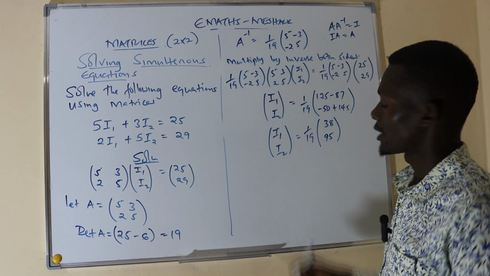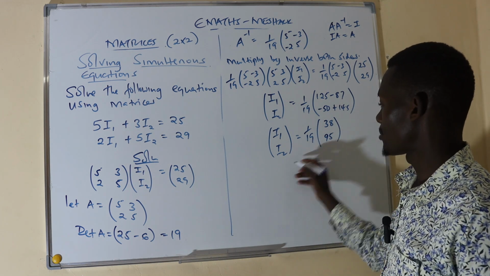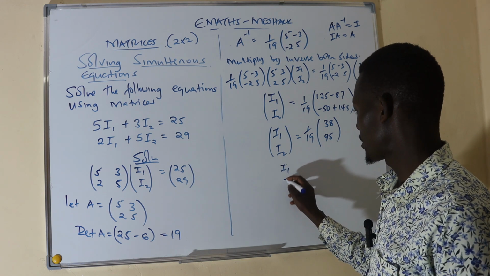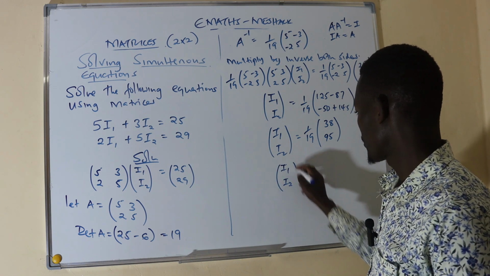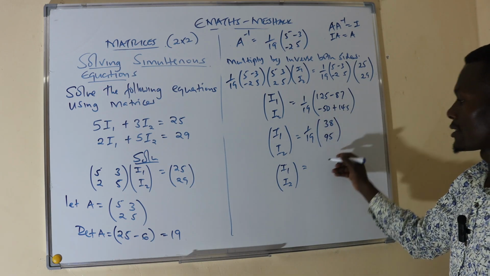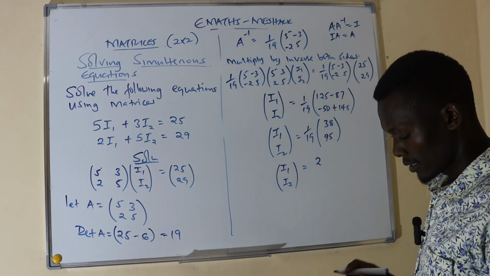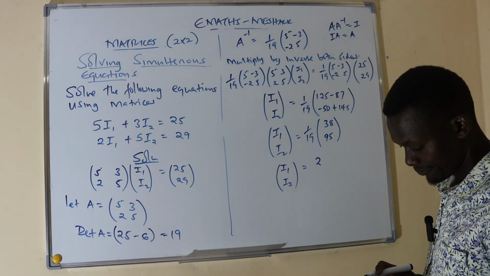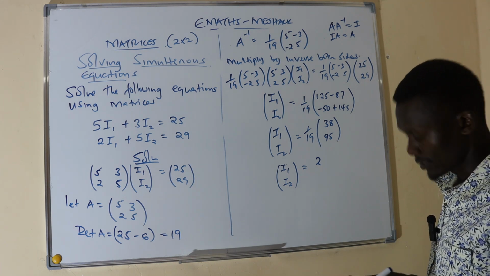So I1, I2 is given by 1 over 19 times 38, which gives me 2, and then 95 divided by 19 gives me 5.